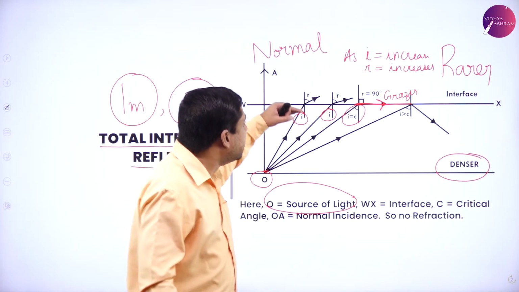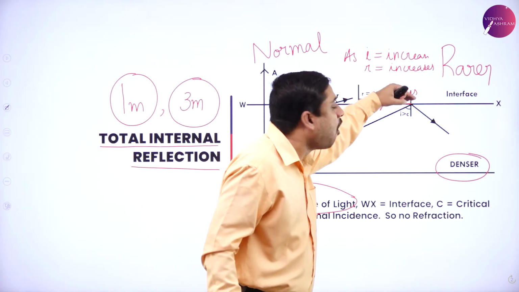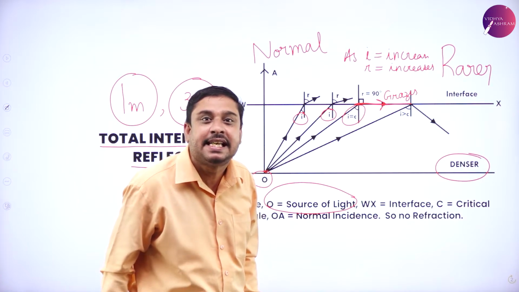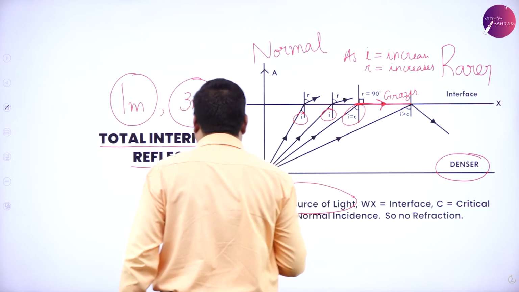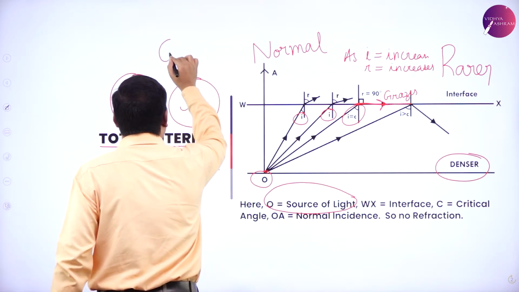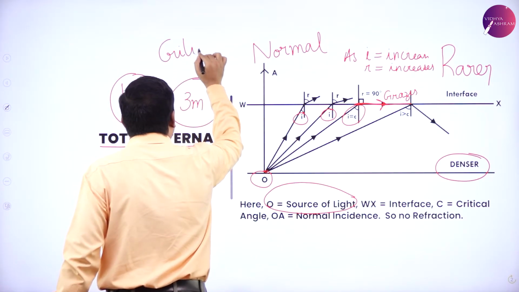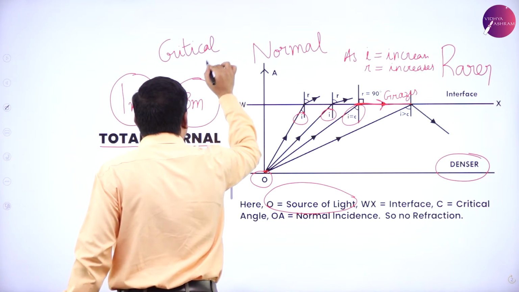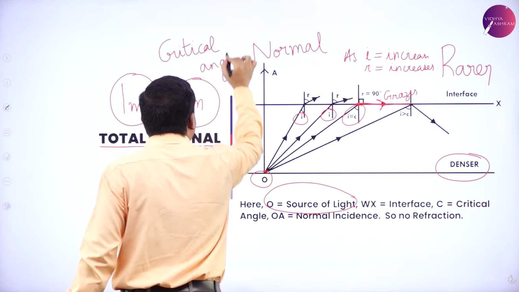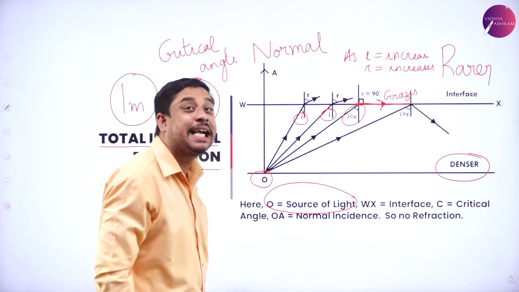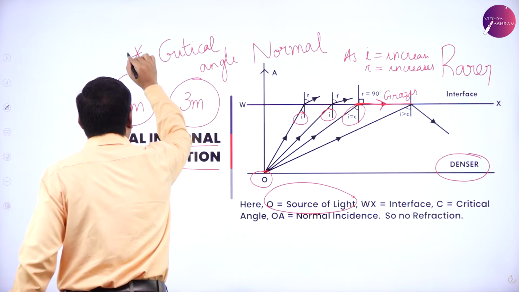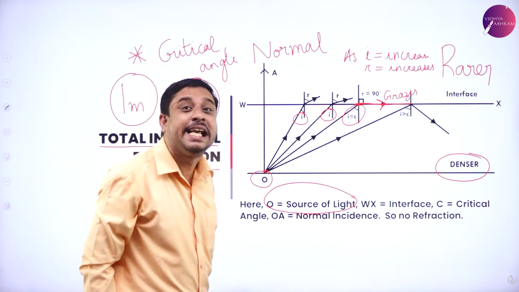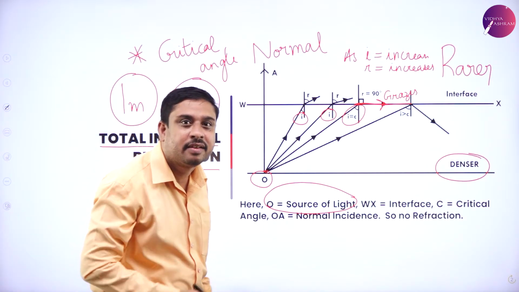Grazing just past on the interface itself, that angle of incidence is called by a very particular name, the critical angle. Please understand the definition of critical angle.